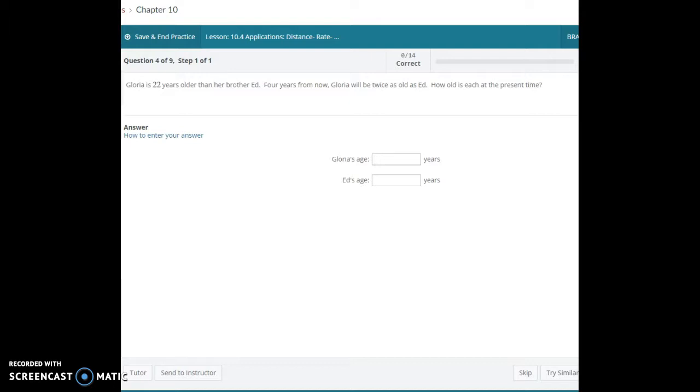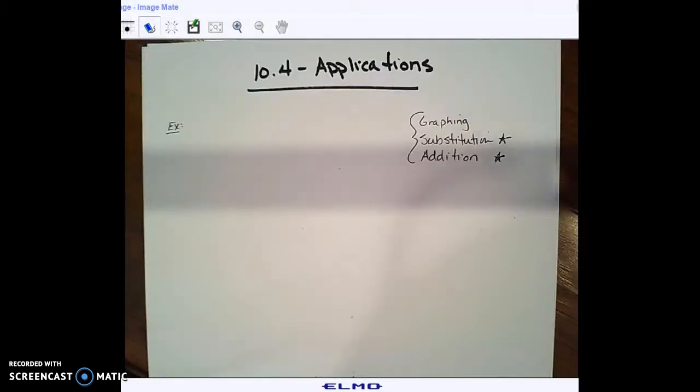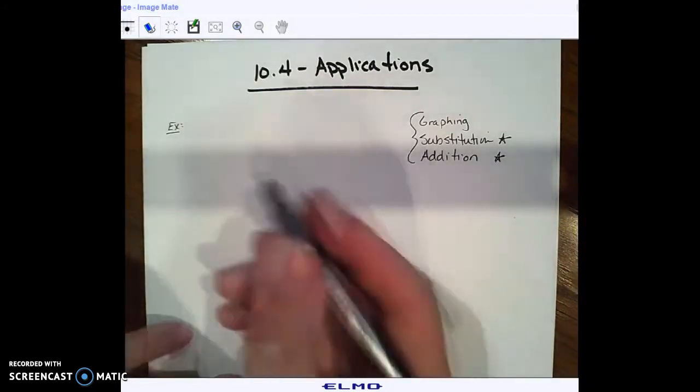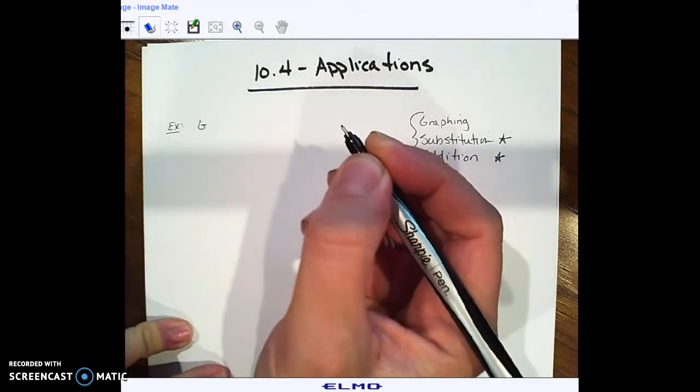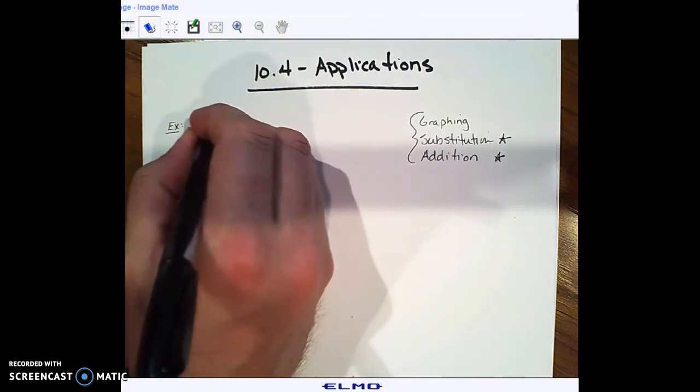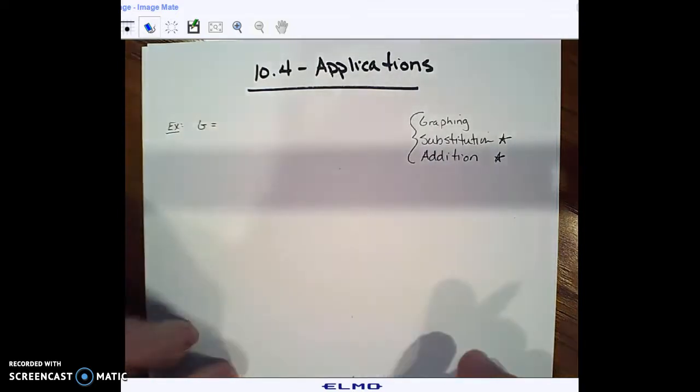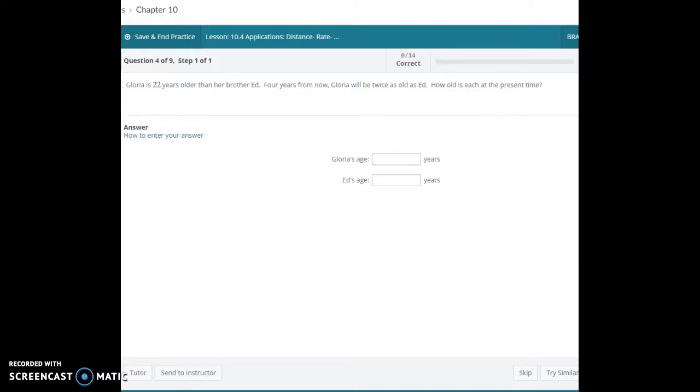So here we go. It says Gloria is. Now is means equal. So Gloria is 22 years older than her brother Ed. Well, let's pause for a second here and try to translate that. We know that Gloria, let's call that the variable g. So Gloria is, and we know that is means equal, 22 years older than her brother Ed.